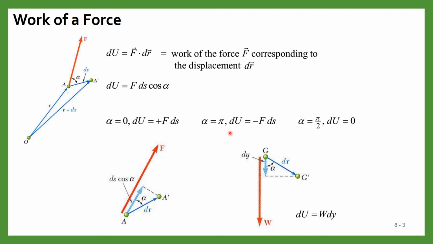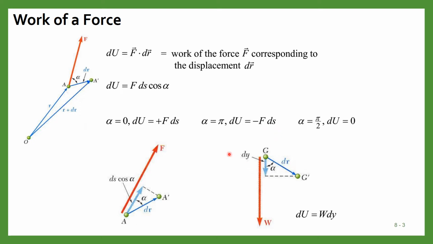While if alpha is equal to pi, the force and the displacement are in opposite directions. That usually happens with the weight force because of gravity. So in that case the work is dU equals minus F ds.